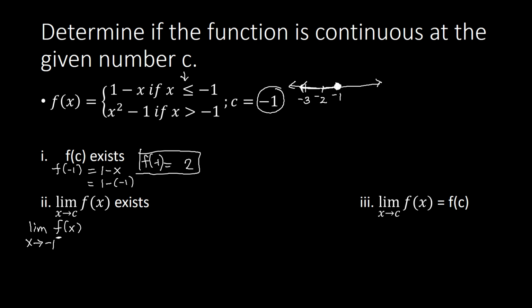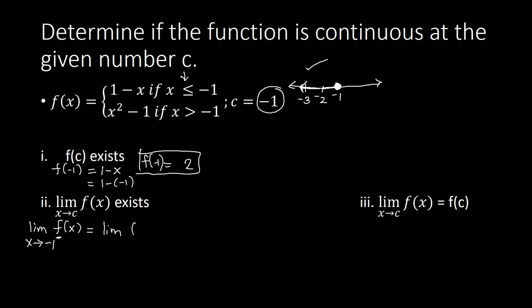Again, we have two functions, so we have to choose the function whose values are coming from the left side of negative 1. The first domain satisfies that, so we will be utilizing our first function.